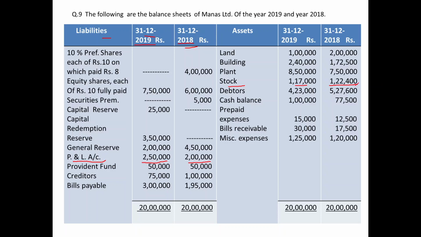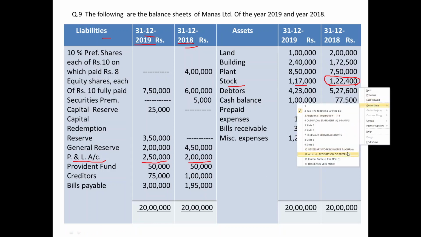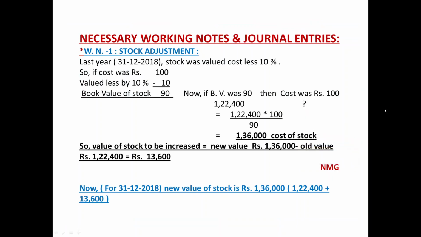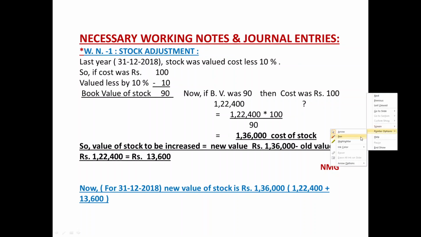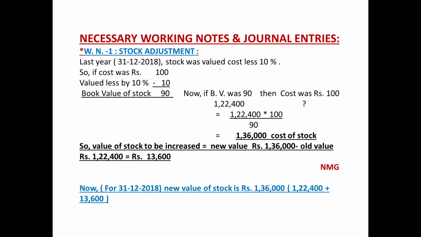This adjustment has been given for this year 2018, and now it is to be valued at its cost price. So let us prepare a working note for the rectification in the value of stock, closing stock of the last year, or you may say an opening stock for the current year.